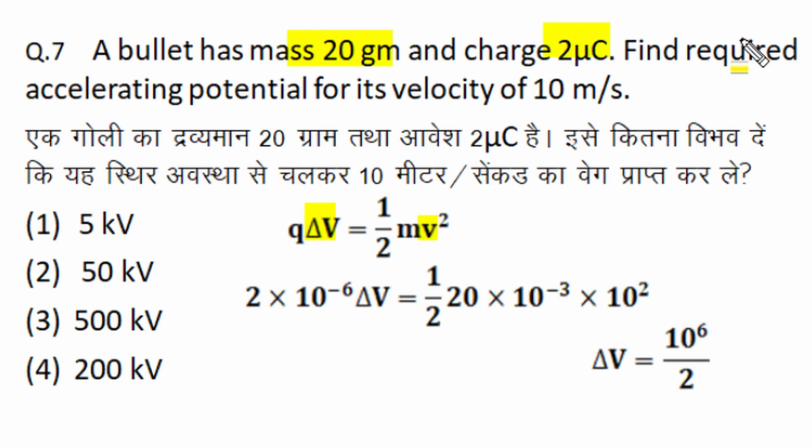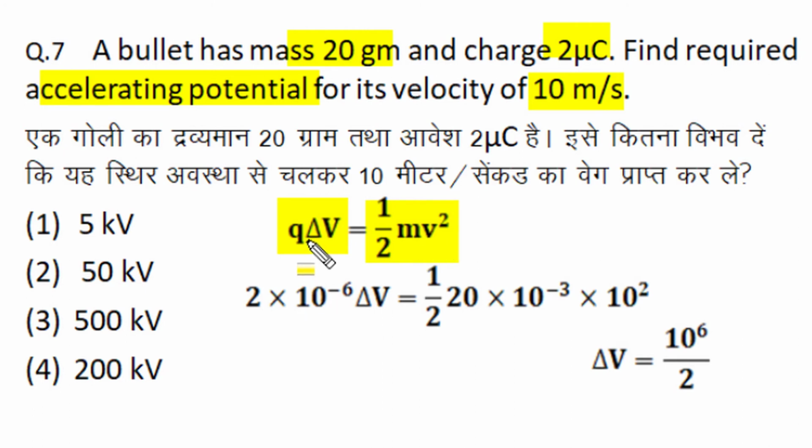We have to find the required accelerating potential such that this particle from rest attains a velocity of 10 meter per second. So we know a charge q, when accelerated through delta V potential difference, will have this much work done by the electric field, and that work gets converted into gain in kinetic energy, and a particle of mass small m with velocity small v will have kinetic energy half mv square.